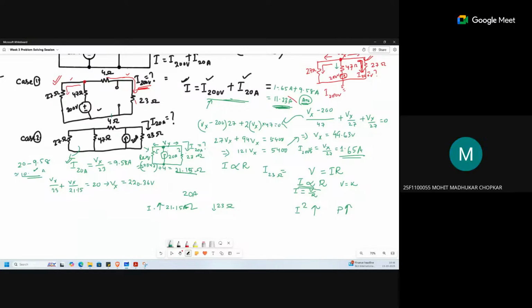Current always travels the shortest path; that's why it travels through the shortest resistance.